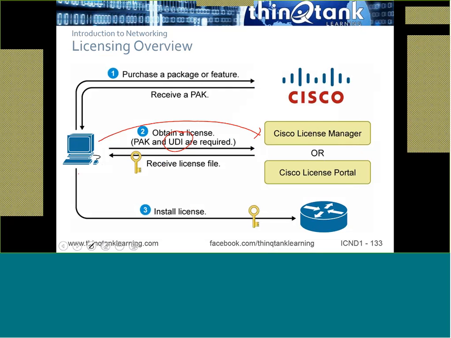So anyway, you use that UDI, you register the license, and then Cisco sends you a file that you can install on the router to activate that license. Licenses with Cisco in the routers are permanent. In other words, you don't have to renew them every year. It's a one-time purchase. On call managers, there's a renewal process, but not on routers.